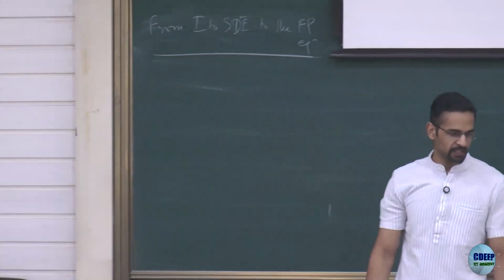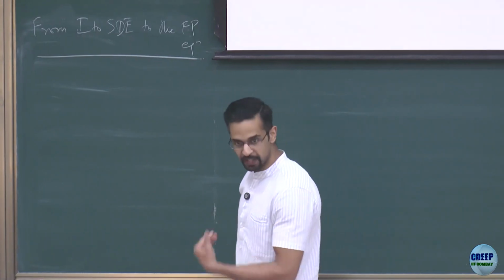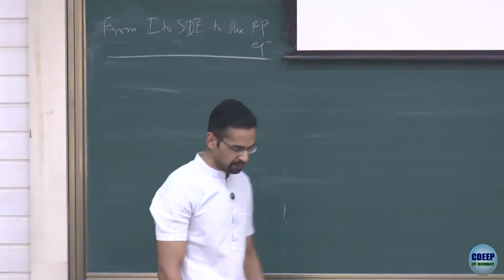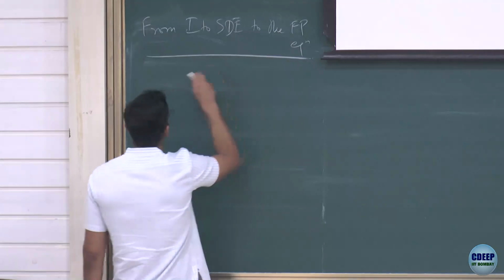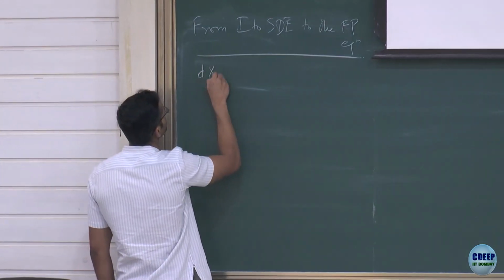Again, what we will do is the starting point will be exactly the same as what we had when we derived it using the PDF. Right? So I'm saying that I have the following.